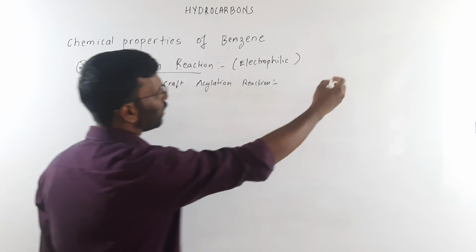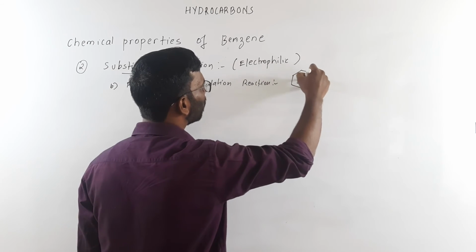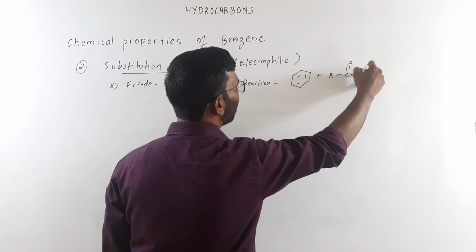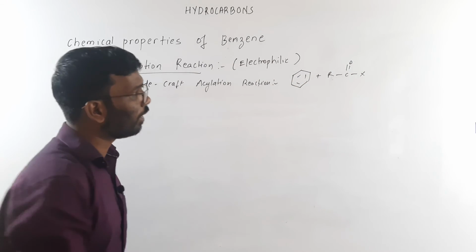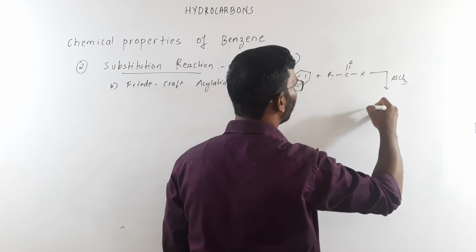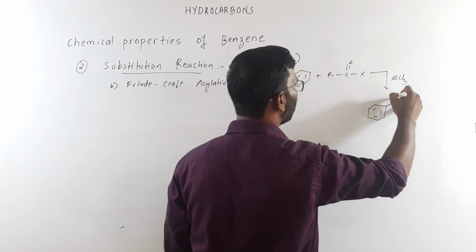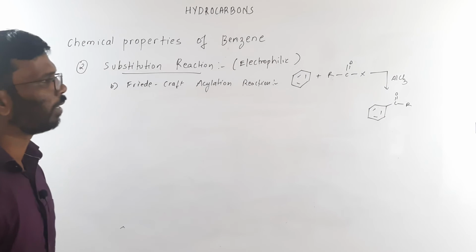I will write a general reaction for this. General reaction is, this is your benzene and acyl group R C double bond, that is acid halide, that is what we say, this functional group is there. Then in the presence of AlCl3, what you are going to get is C double bond O R. This is the compound which you are going to get.